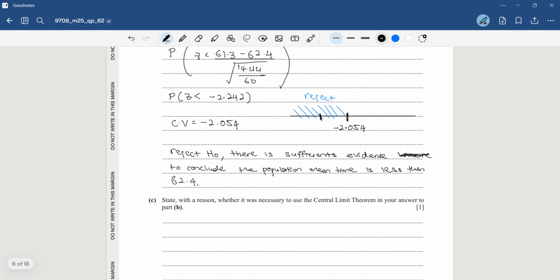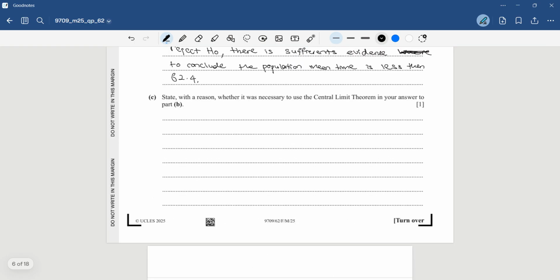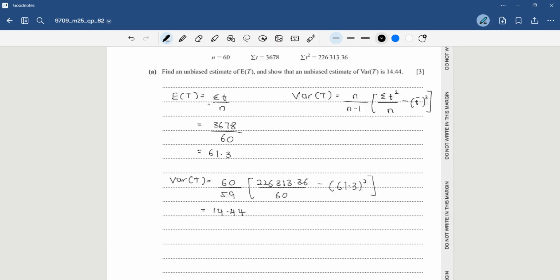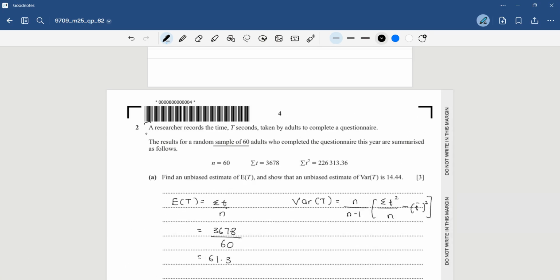Okay, for C, state with reason whether it's necessary to use central limit theorem in your answer in part B. So yes, here we do use central limit theorem. Yes, the central limit theorem is necessary, and why? It's because the question does not mention whether it is normally distributed or not.